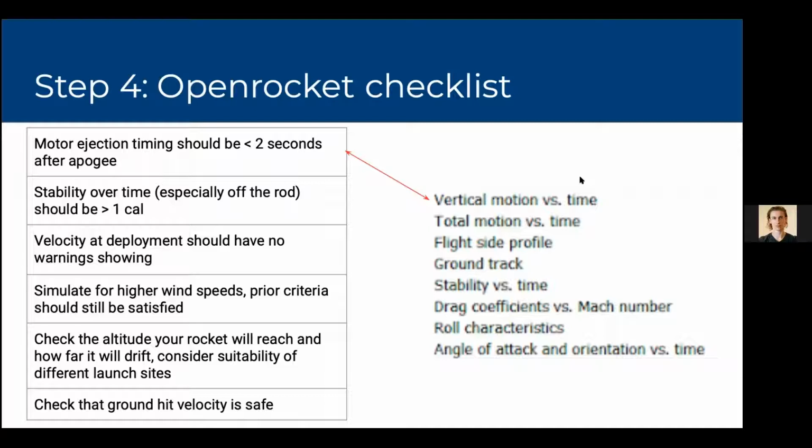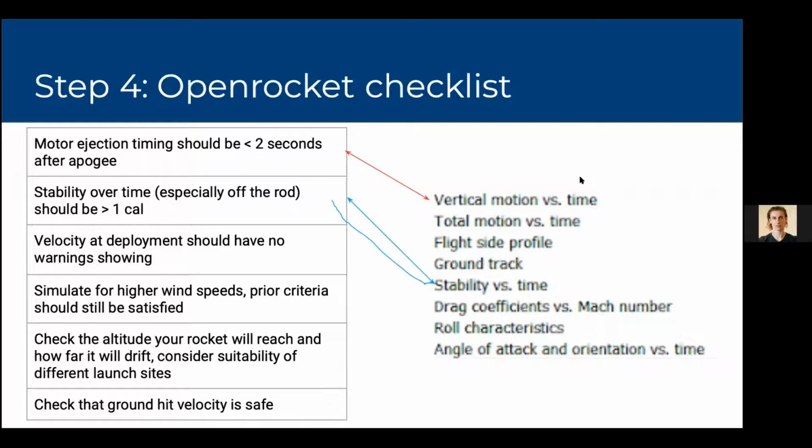Not things you want. So second one, stability over time. This is a hard one. It's very important to be aware of the stability of your rocket as it's leaving the rod.